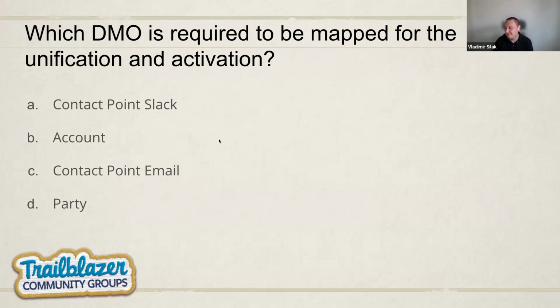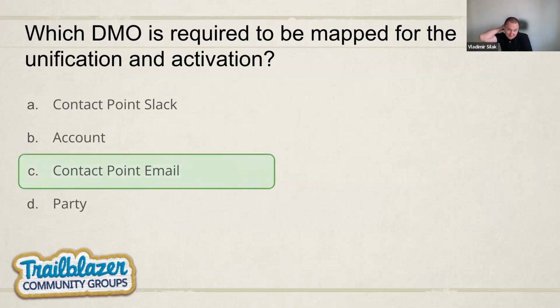Okay, C. There's quite a few, a good mix of different options. But if you did pay attention, it would be Contact Point Email. We don't have a Contact Point Slack at this point. Account is not necessarily something that we talked about. Party Identification was plausible, but not really the right answer. So Contact Point Email would be the right one.